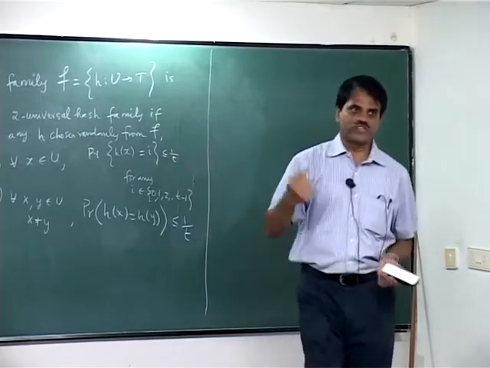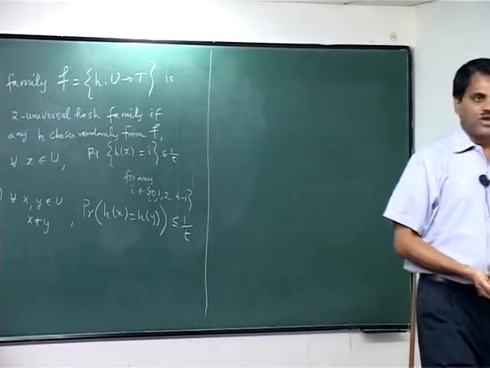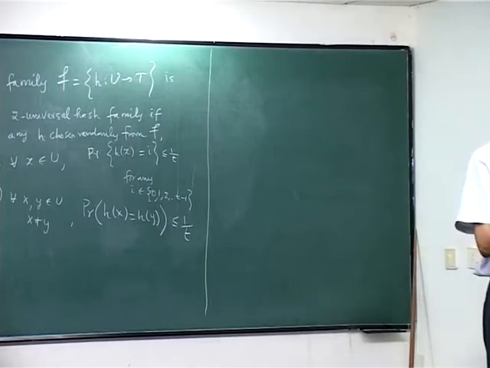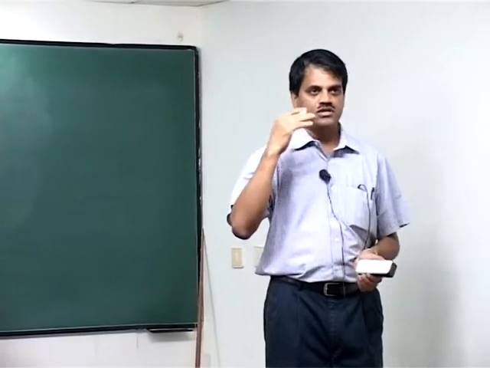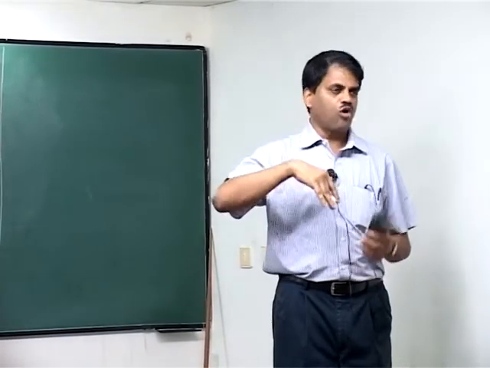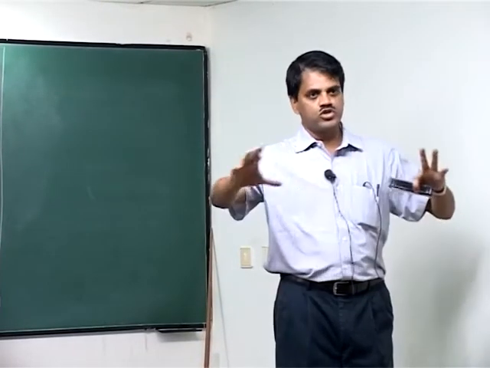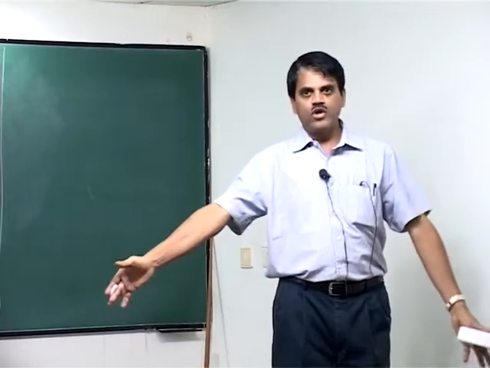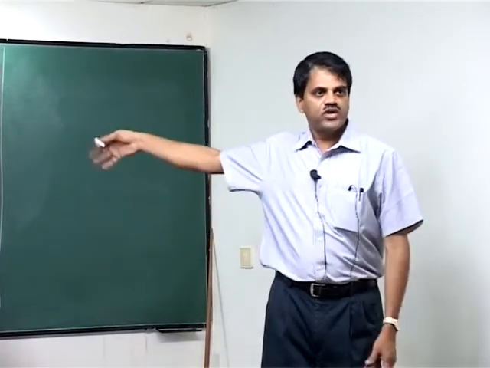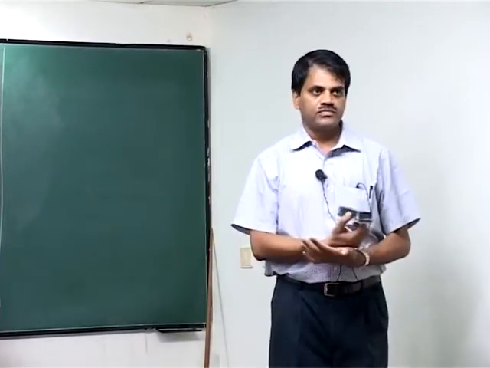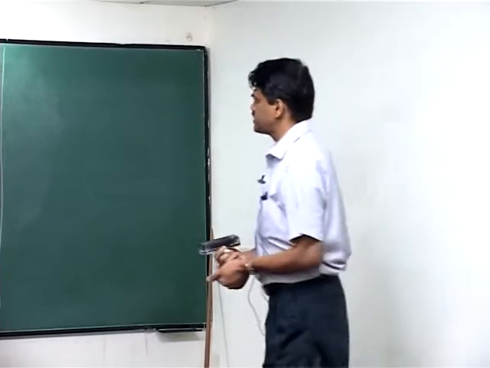This answers the first question: are there 2 universal families at all? I said, take this U and take a T and look at all functions, not just one around. All functions from this universe to T. Look at that family, it satisfies these 2 conditions. Can we verify that? Is that easy to see?